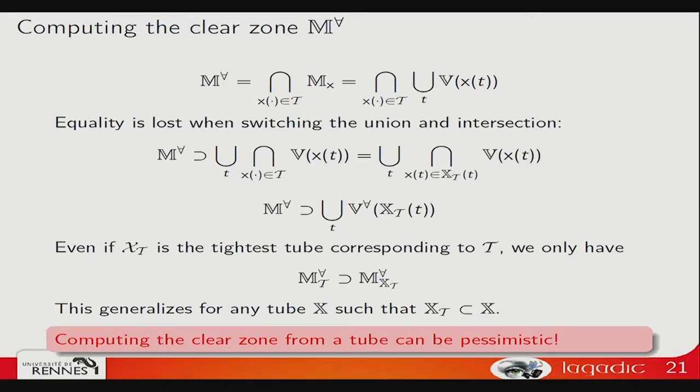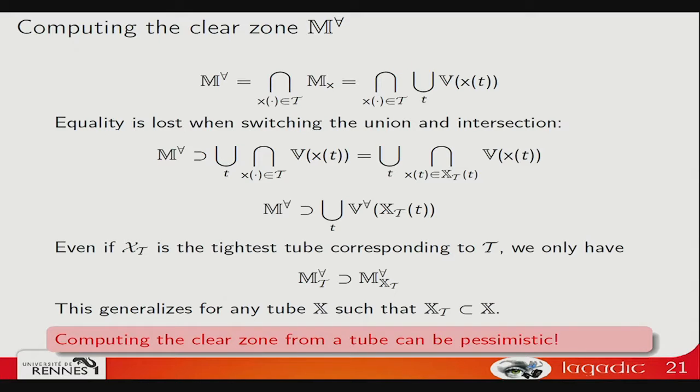The idea of switching is to, instead of working with a set of feasible trajectories, which is not really representable, work with a tube, which we can work with. So we switch so that we can work with the tube, but then we only have an inclusion. We don't have the equality.